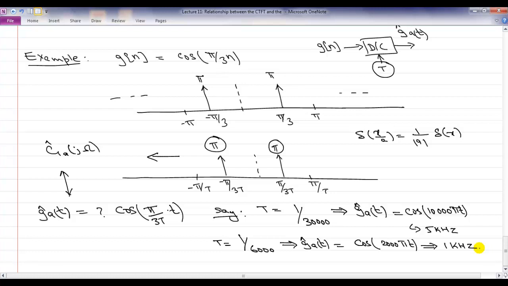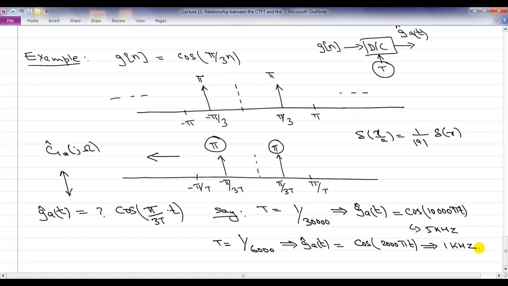just by changing the time period t during my reconstruction, I can get completely different outputs. So it's very important that we make sure the time period that we use during reconstruction is what we intended.